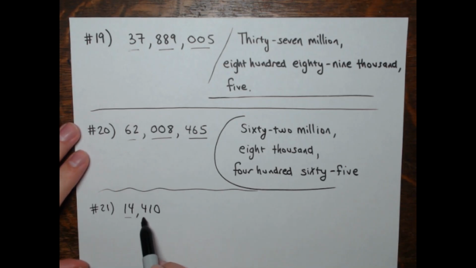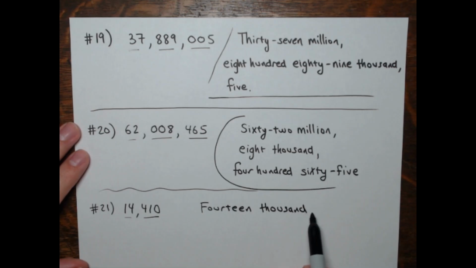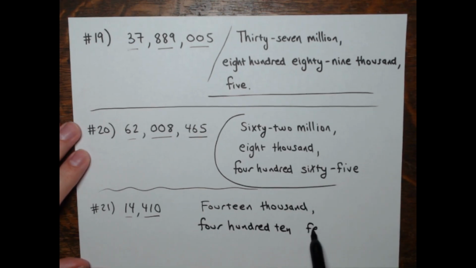So this again, the 2 periods, thousands and ones. So that's 14,000, comma, 410. And they said it was feet, right?